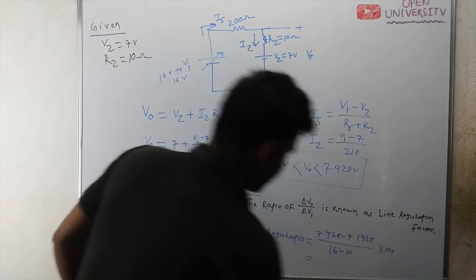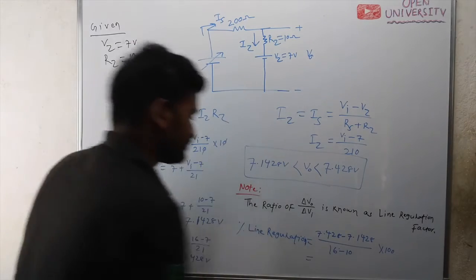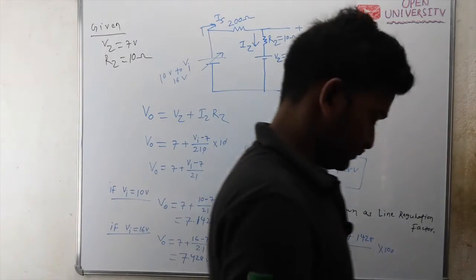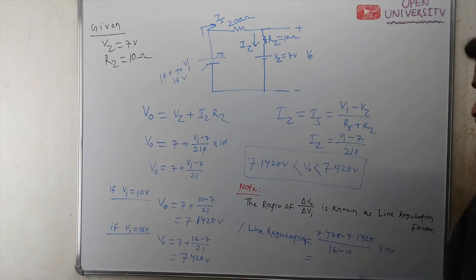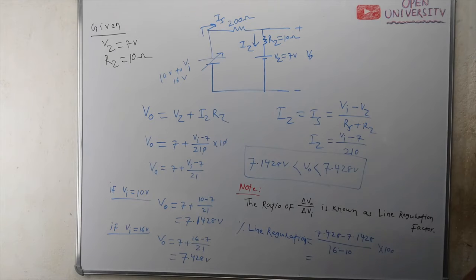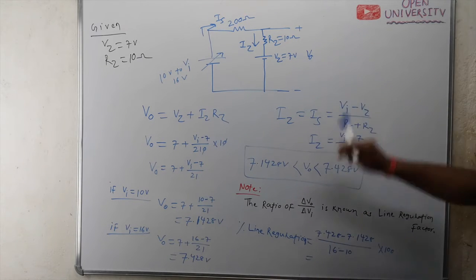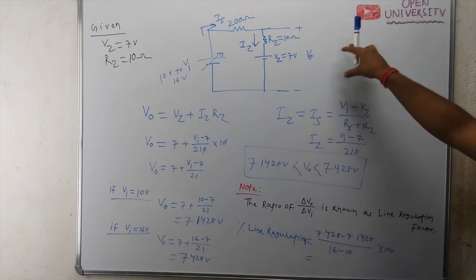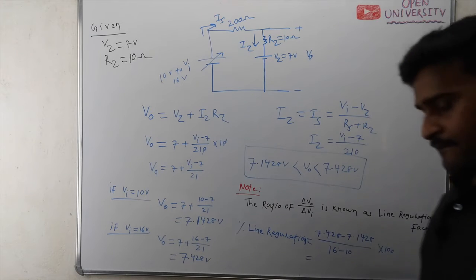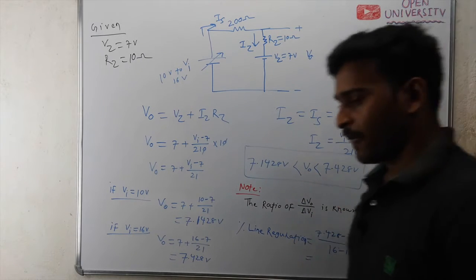This will be your percentage regulation. Why is the output changing here and not fixed? Because of the presence of RZ. The output will vary a little bit.